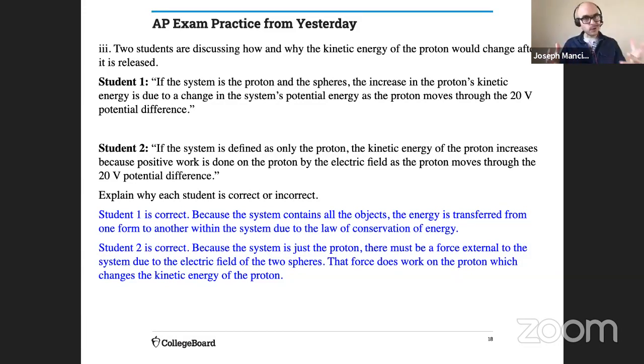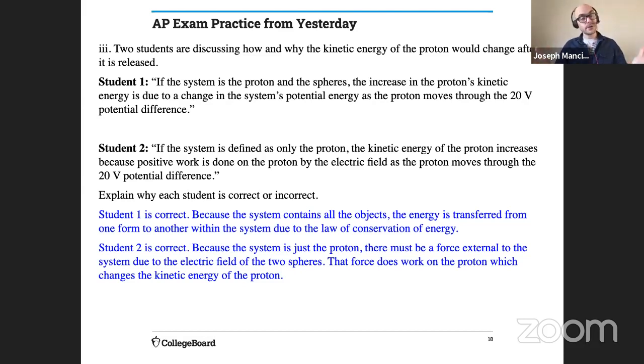The definition of the work energy theorem, the definition of conservation of energy, depends a lot on how you define the system. If the system is the proton and the spheres, then the total mechanical energy of the system is conserved. Electric potential energy is transitioned into kinetic energy. Or if we're just looking at the proton, external work is done on the proton by an external force.